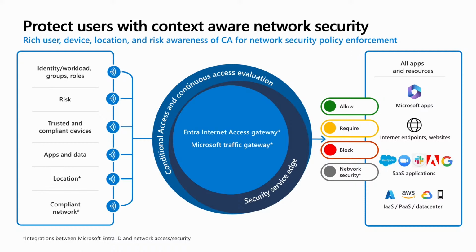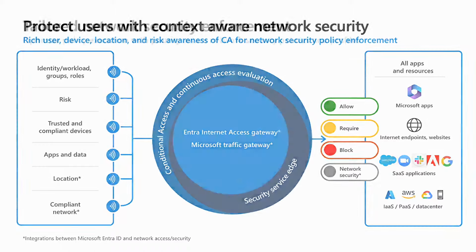These policies could be used to allow access to specific websites for users or groups based on their role, or to block access to sensitive sites based on changes in risk, device compliance, or location. This provides organizations with flexibility based on their needs. Additionally, our solution introduces compliant network as a new signal and restores original source IP, allowing backward compatibility of CA controls, which Alex will cover in more detail later.